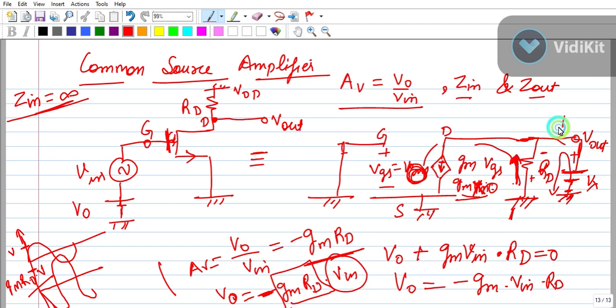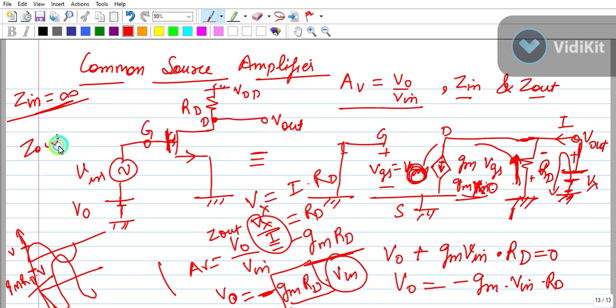And this is I. So Vx equals I dot RD. So Vx by I is equal to RD. That is my Z out, output impedance. So Z out is equal to RD.